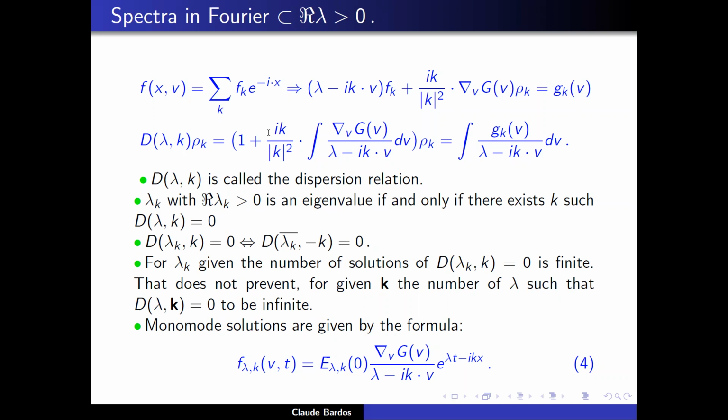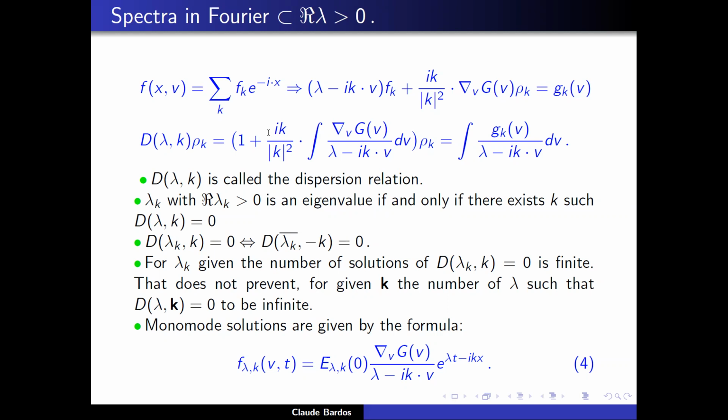Now, there are very simple computations, and capital G is real. If you have this quantity which is 0, the conjugate lambda with minus k is also a solution. And of course, for a given k, the number of solutions of d lambda k is finite. This is just a version of the Kato theorem for a semigroup, a perturbation of the generator of a semigroup by a compact perturbation.